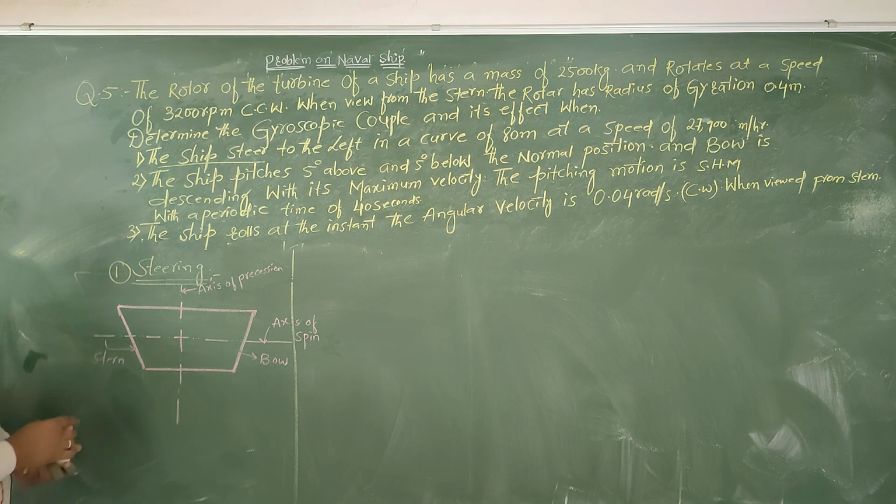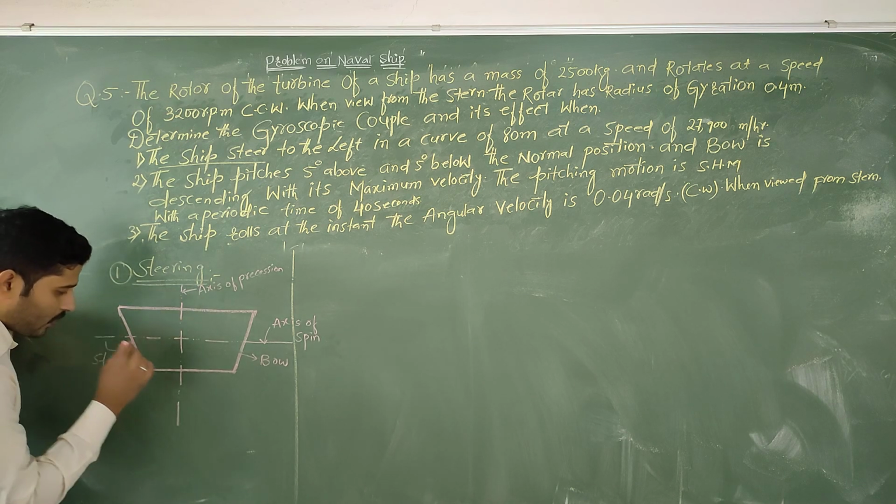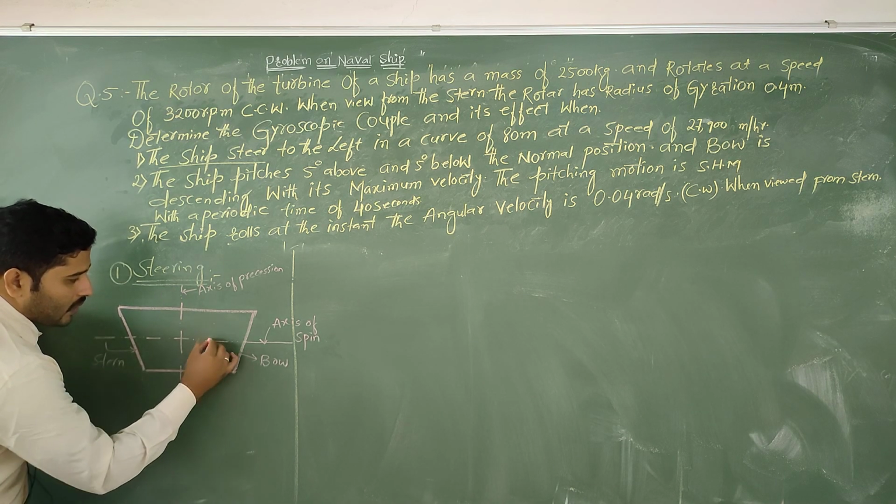The rotor of the turbine of a ship has a mass M of 2500 kg.